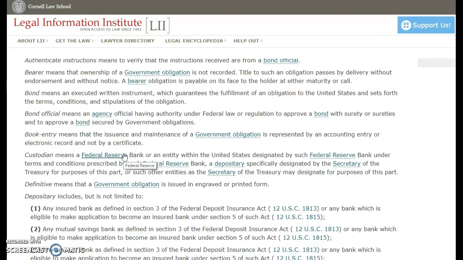The custodian means the Federal Reserve Bank for that part. It even says that in here, for the purposes of this part, meaning that, yes, the custodian of the bond itself, of all bonds, is a Federal Reserve Bank.